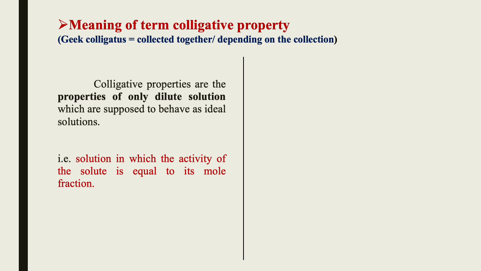Mole fraction basically depends completely on the solute. If your solute is non-volatile, whatever you have added as solute in the solution will remain and it will always be equal to the mole fraction. So here the criterion is that your solute has to be non-volatile.